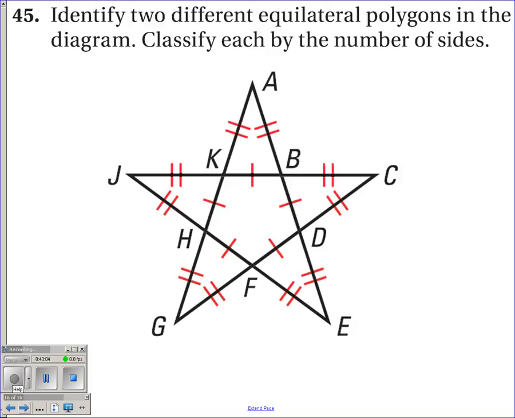Well, we can if you look at the outline only of this star. Take a look at how many of these sides there are.